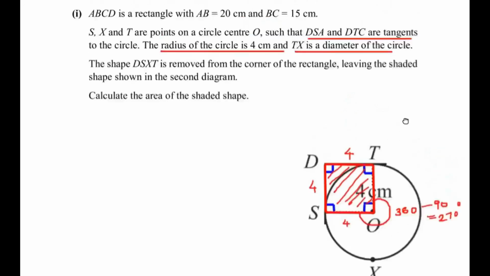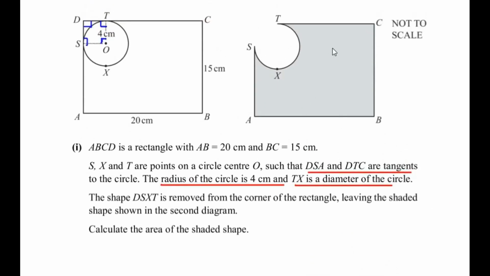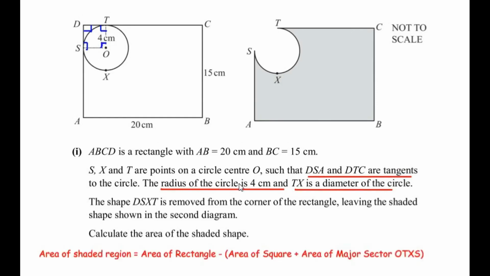So now we can see that the area of the shaded region is equal to the area of the entire rectangle minus the area of the square plus the area of the major sector. So you can see here I have written: area of the shaded region is equal to area of the entire rectangle minus area of the small square at the corner plus area of the major sector OTXS.